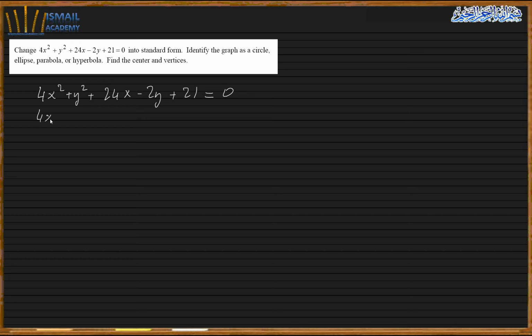So it's going to be 4x squared plus 24x plus y squared minus 2y equal minus 21. So here I take the common factor, x squared plus 6x. So here I will have minus 2y, so I'm going to add half of the middle term and make a square on both sides.